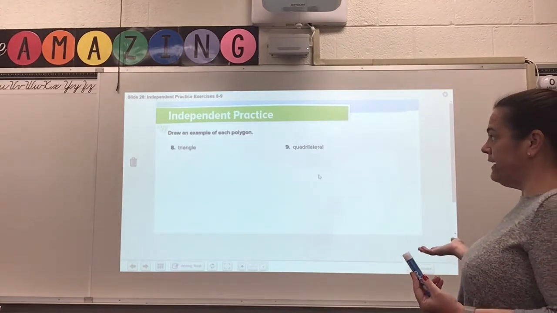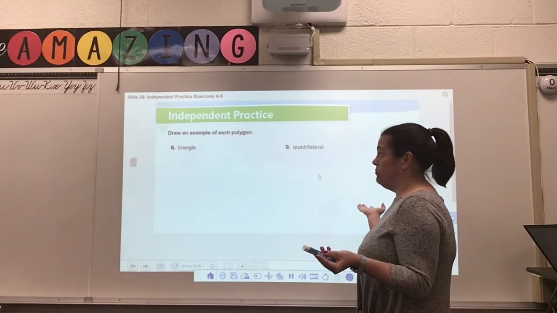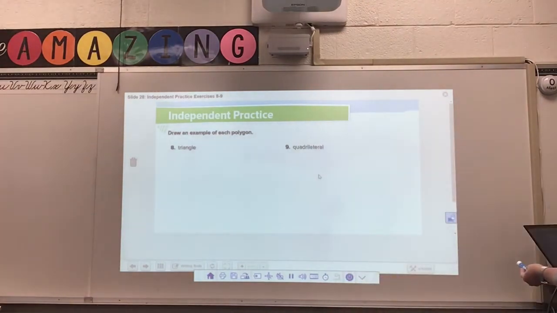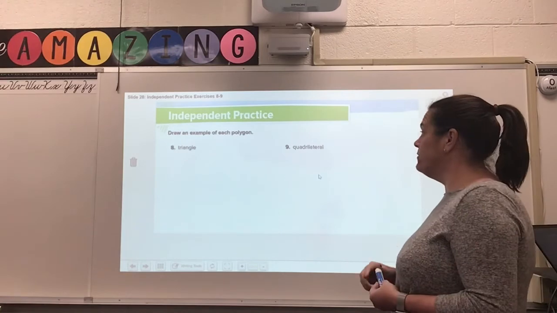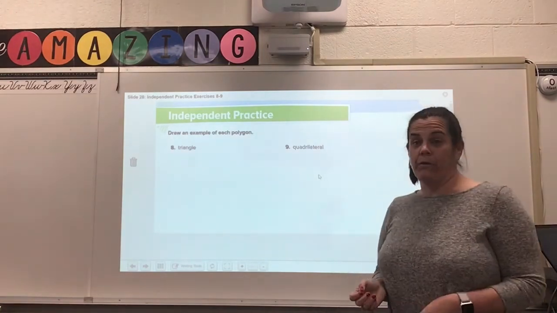The directions here just say to draw an example of each polygon. You can use that resource on page 841 or 840 to help you. You can draw one of those polygons, or you can draw your own triangle or quadrilateral.